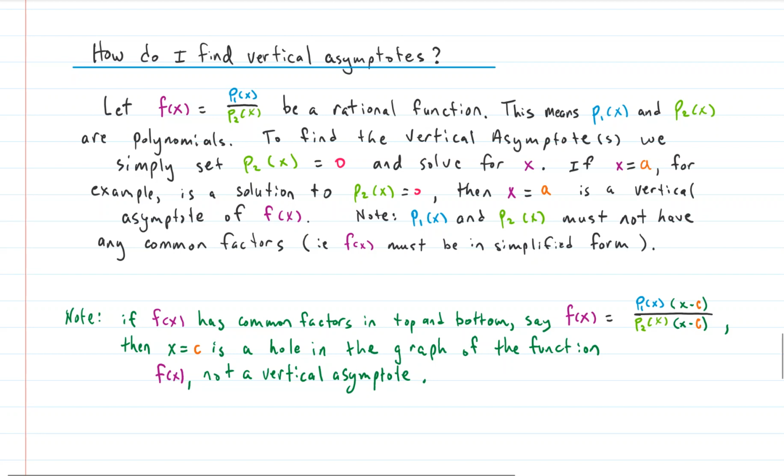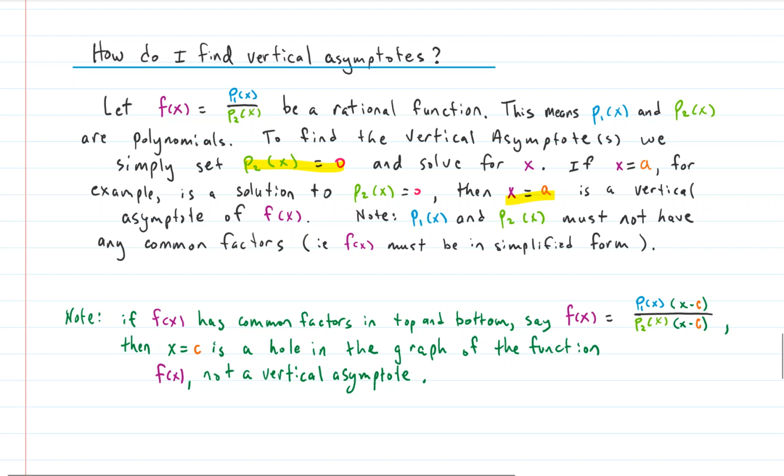The polynomial on the top and the bottom cannot have any common factors. And then we just take the polynomial on the bottom, set it equal to 0, and we solve that equation. That will give us some x values, and those x values are our vertical asymptotes.